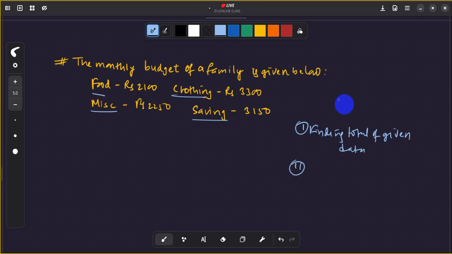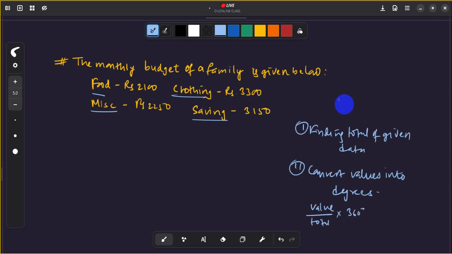Then we convert these values into degrees, finding the number of degrees represented by each value. To convert a value into degrees, that value is divided by the total and then multiplied by 360 degrees.